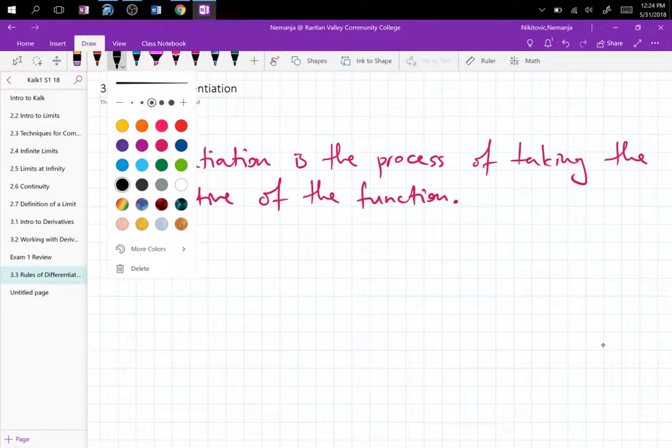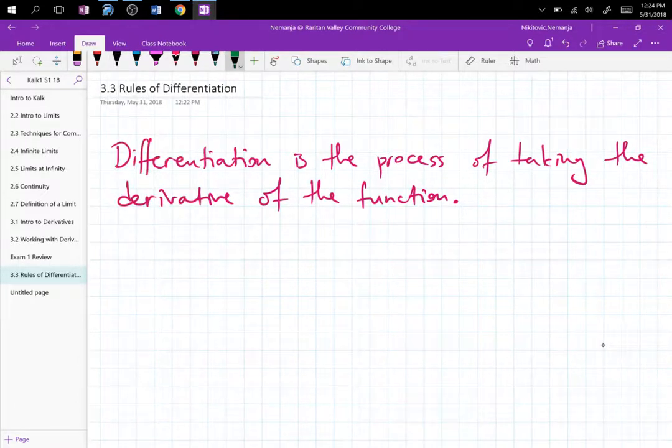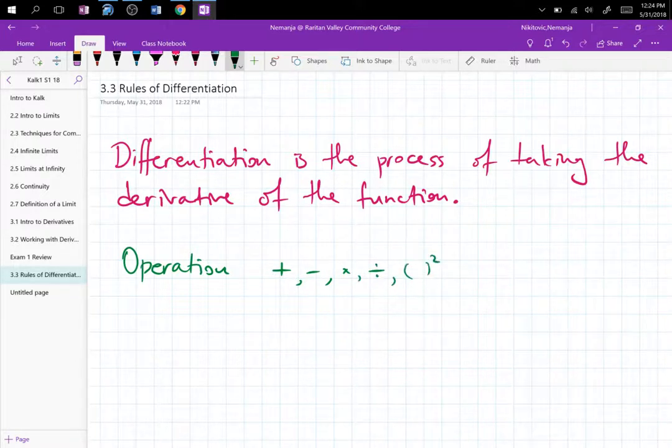Now, before we go further, I just want to spend a few seconds on something that is used in mathematics at large, and that is the notion of operations and operators. Differentiation is an operator, where addition and division, let's say, are operations. They are both used to change different concepts. So an operation would be something like plus, minus, times, divide, square.